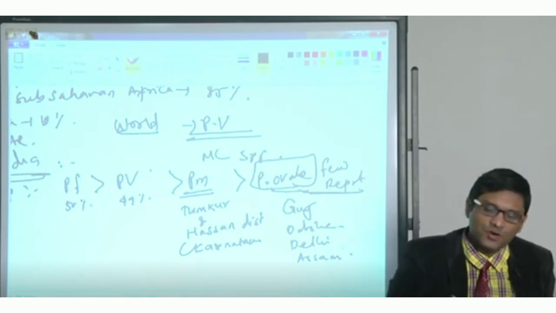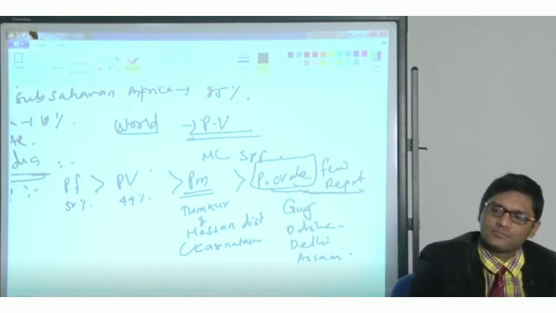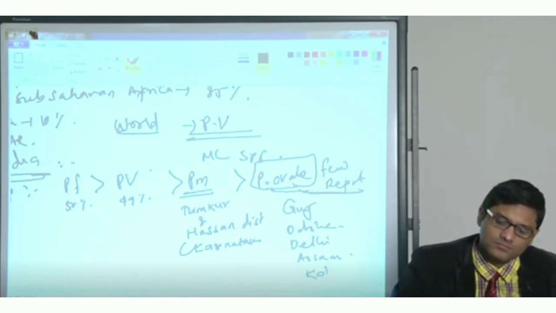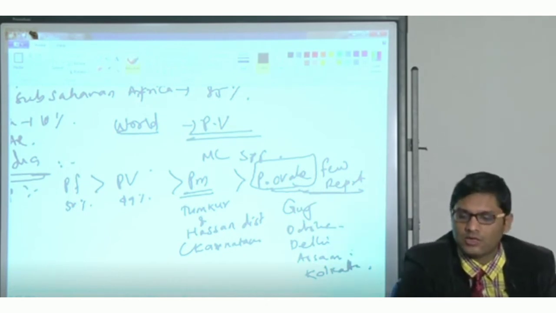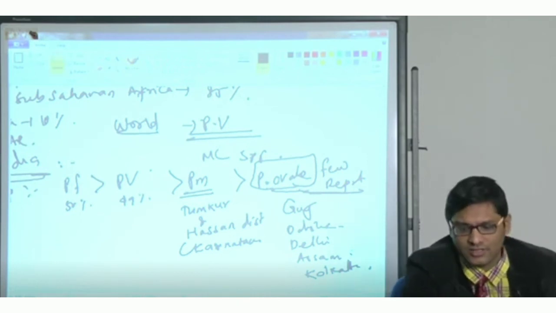Okay, so these are the few places where Plasmodium ovale has been reported. Gujarat and also Kolkata you can write. Gujarat, Odisha, Delhi, Assam and Kolkata, these are the few places where Plasmodium ovale has been reported. Very rare, but there are some cases. You can't say that it is not there.